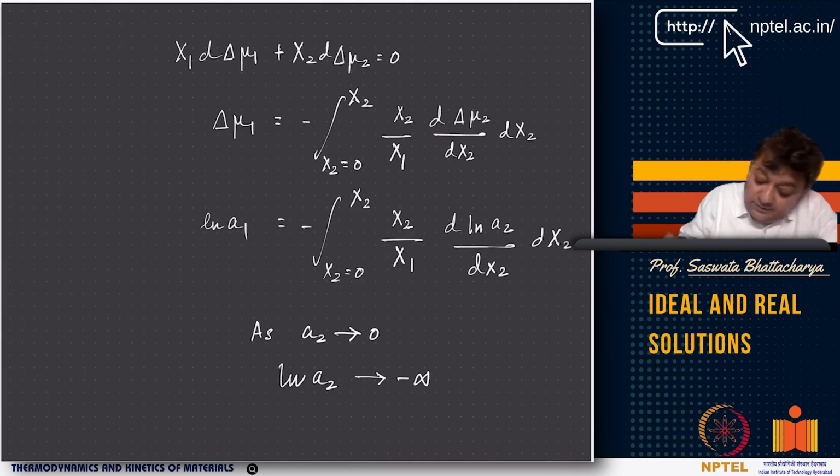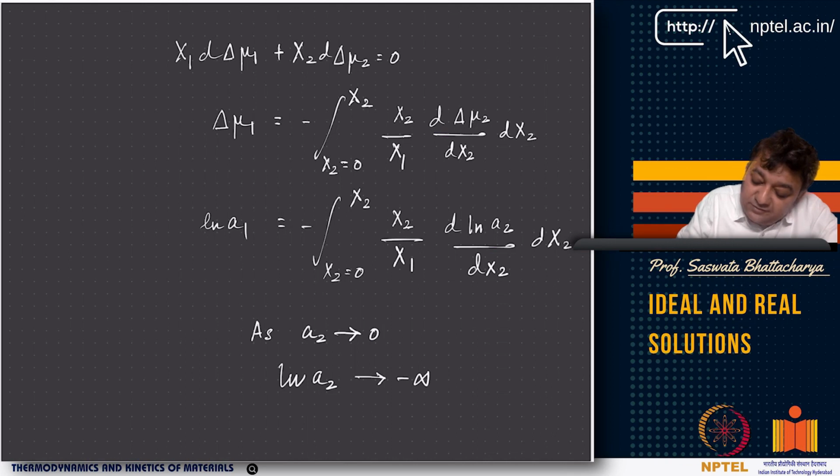Again, if you know the activity of one component, you can get the activity of the other component. How? Using the Gibbs-Duhem integration that we did previously in the 7th week. So you have x1 d delta mu 1 plus x2 d delta mu 2 equal to 0. Therefore d delta mu 1 equals minus x2 by x1 d delta mu 2.